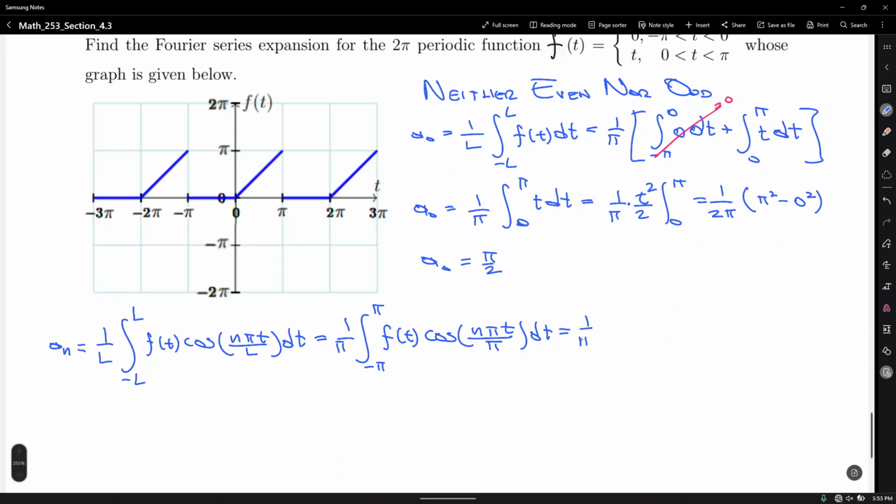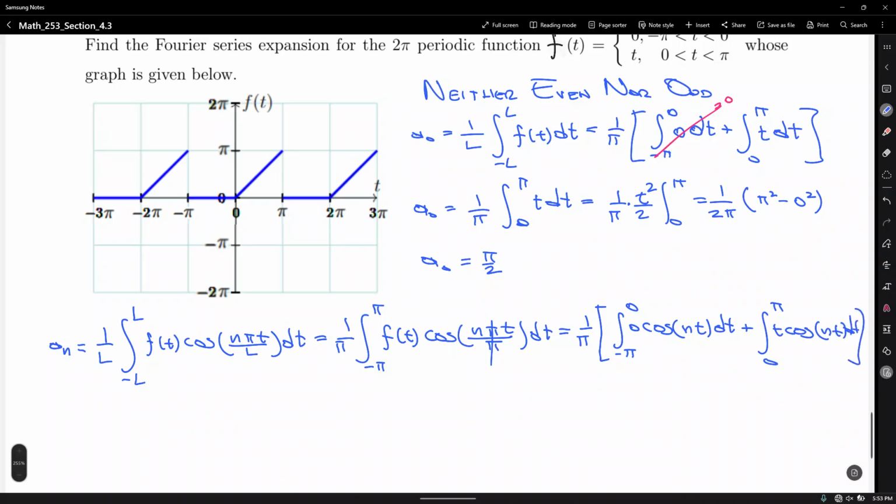So 1 over pi, open brackets: the integral between negative pi and 0 of the 0 function multiplying the cosine of nt dt, plus the integral from 0 to pi of what function are we integrating between 0 and pi? Do you guys agree the function is simply t times the cosine of nt dt.